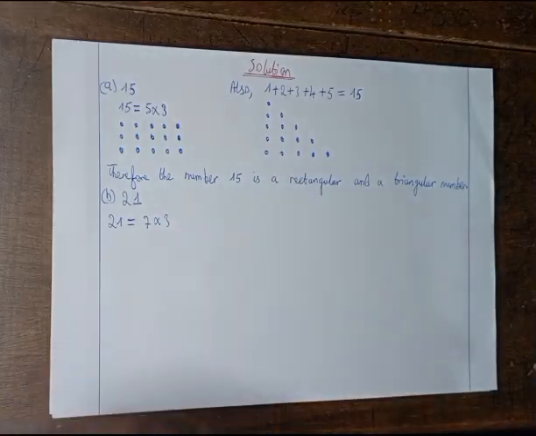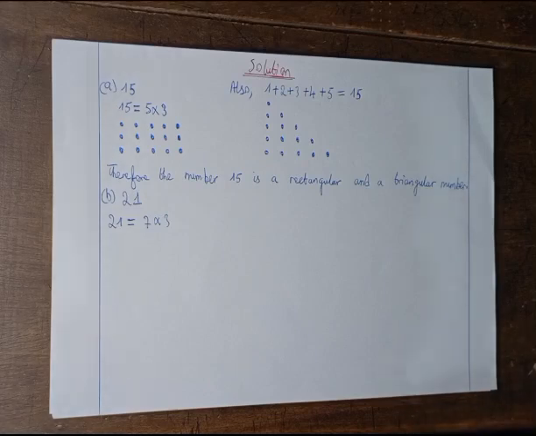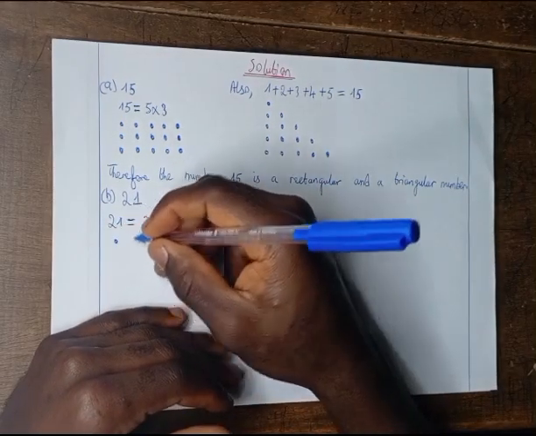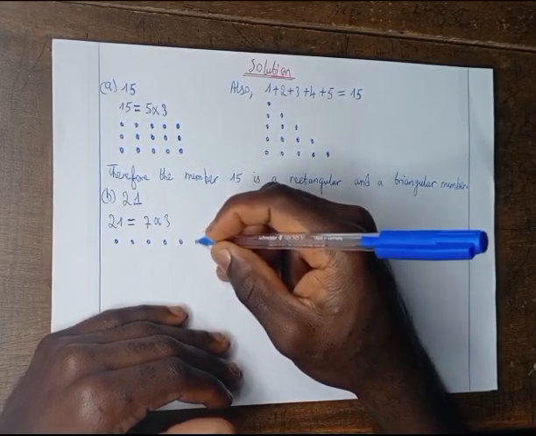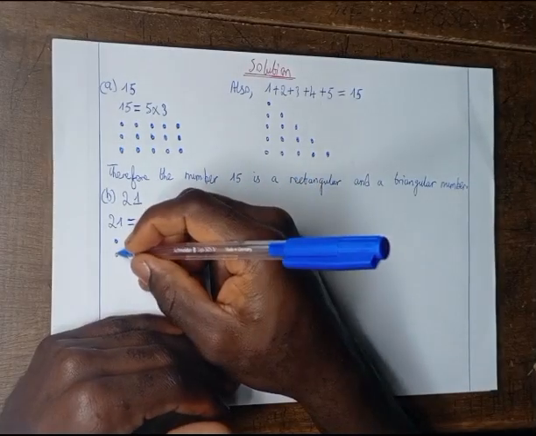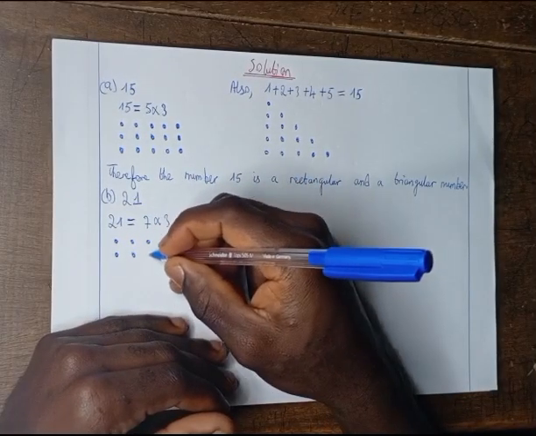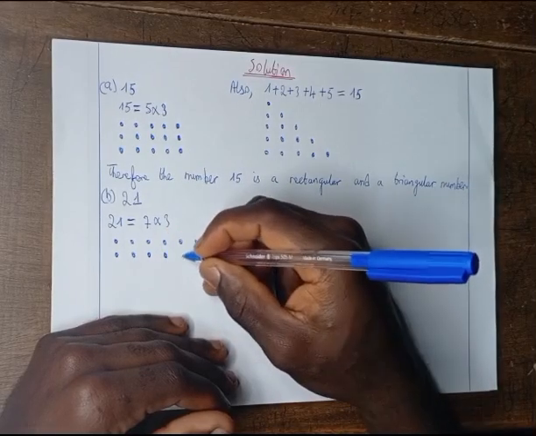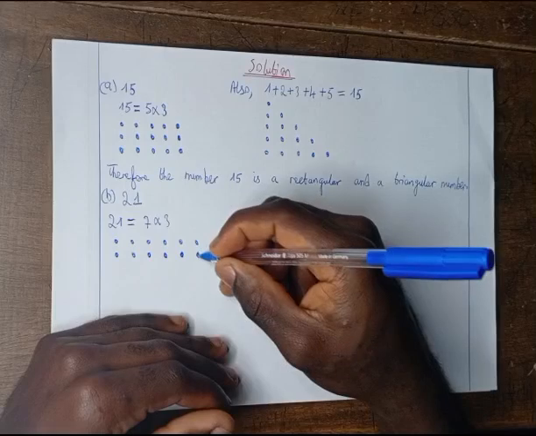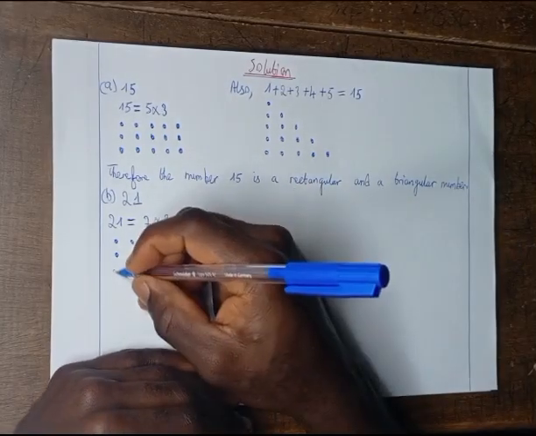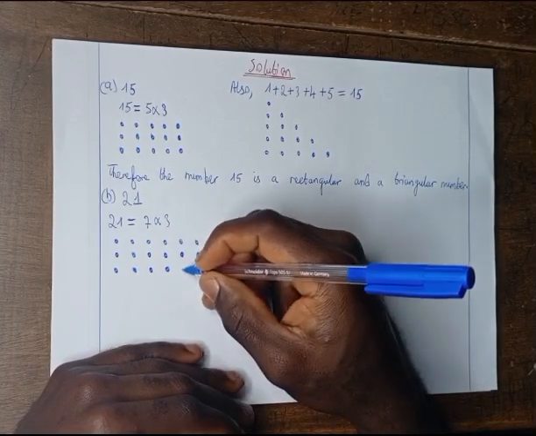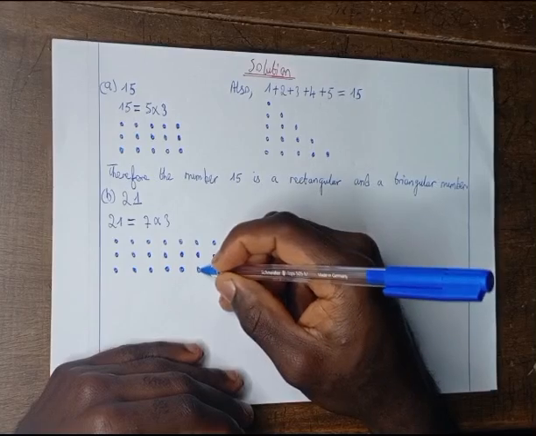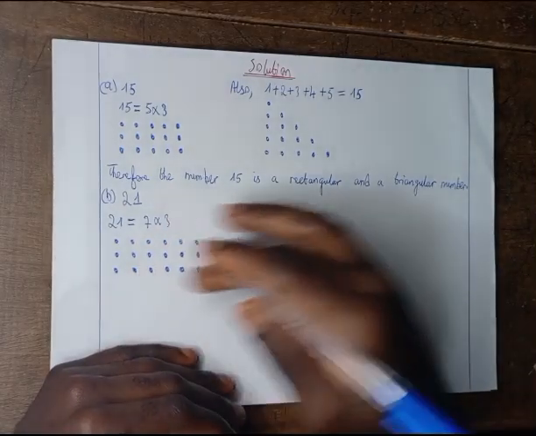It simply means 21 is a rectangular number in which the length has 7 dots and the width has 3 dots. 1, 2, 3, 4, 5, 6, 7, 8, 9, 10, 11, 12, 13, 14, 15, 16, 17, 18, 19, 20, and lastly 21. This is rectangular.